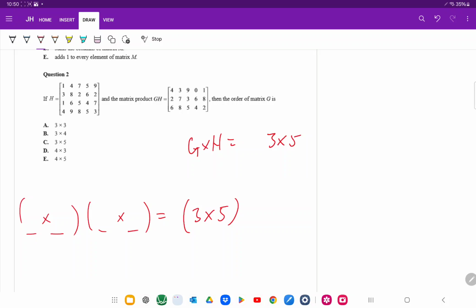H is a 4 by 5 matrix, and in order for this to result in a 3 by 5 matrix, this number here has to be a 3, and in order for it to be defined, this has to be a 4. So in this case, our answer is 3 by 4, which is B.